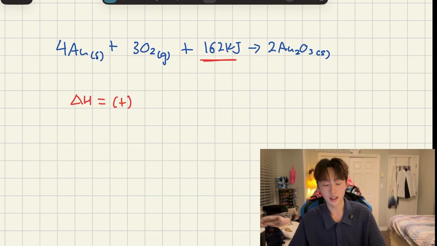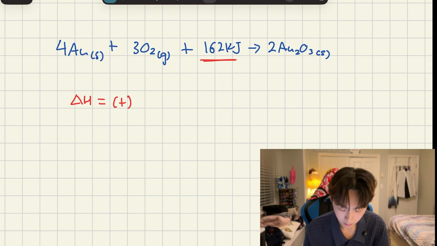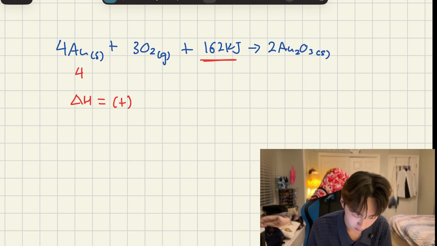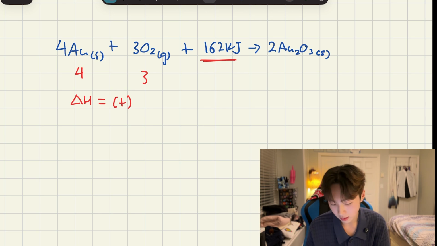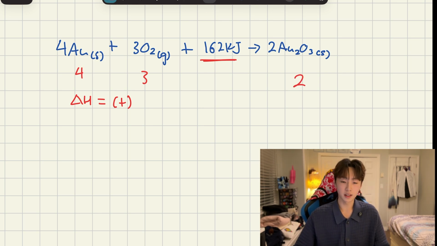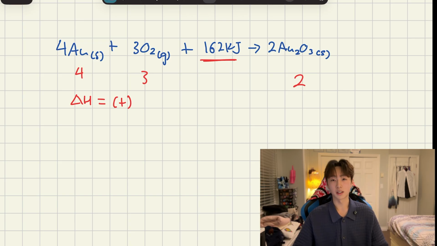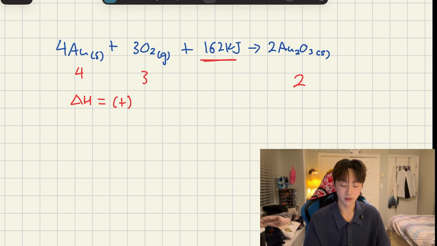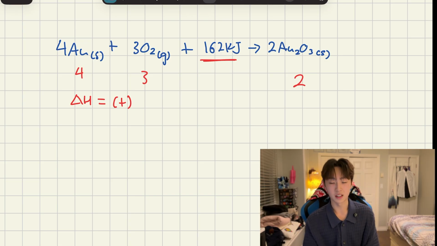But now let's look at entropy. We see that we have 4 moles of solid on the left side, 3 moles of gas, and on the right side we have 2 moles of solid. Because we have a gas on the reactant side, that's already much more entropic than a solid. So we know that going towards the products, that's decreasing in entropy.